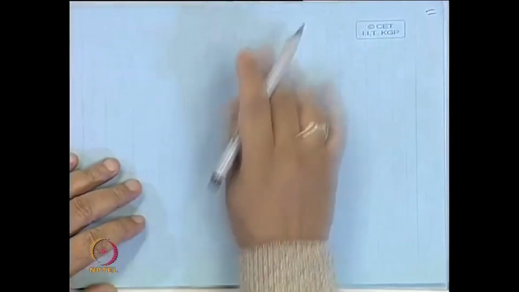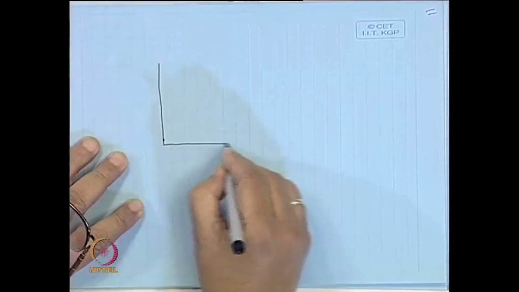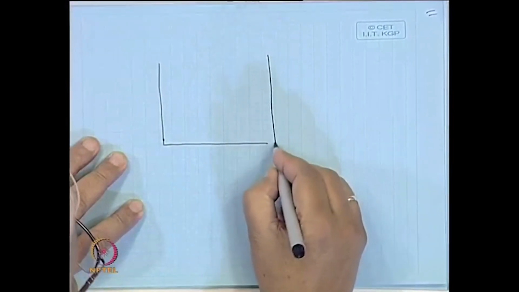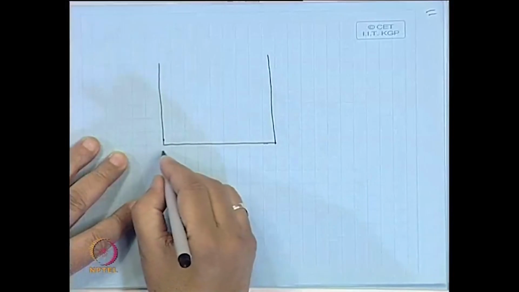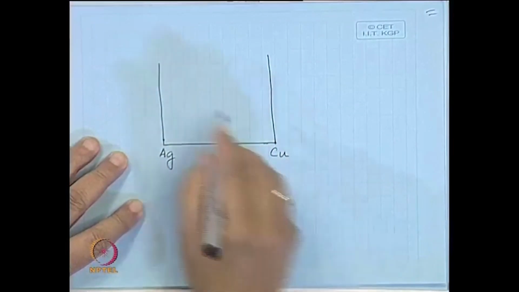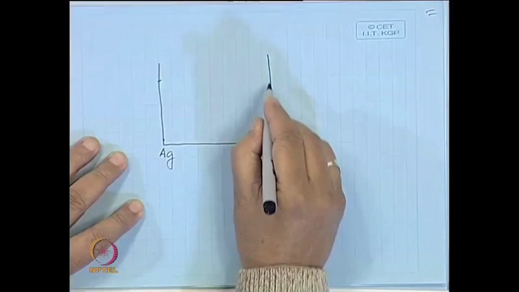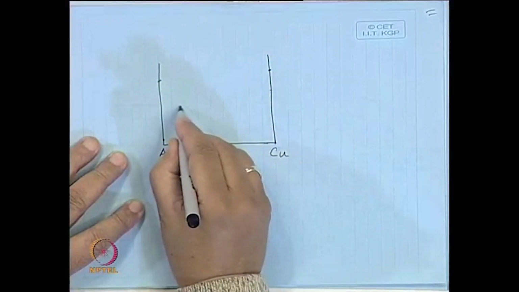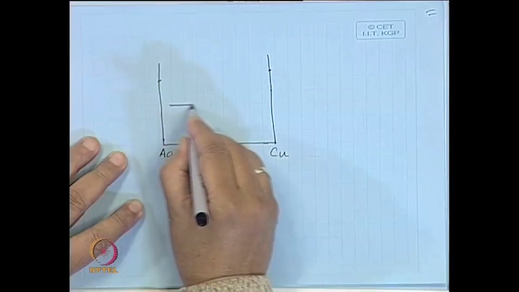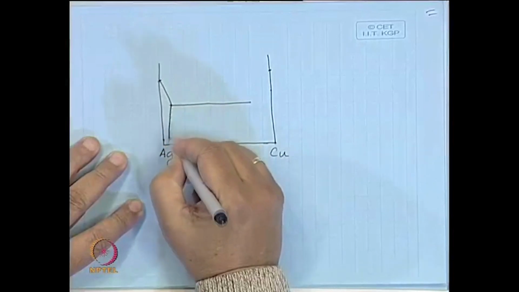Suppose you take up the case of silver and copper. Check the melting points of silver and copper, and they form a eutectic with terminal solid solutions.